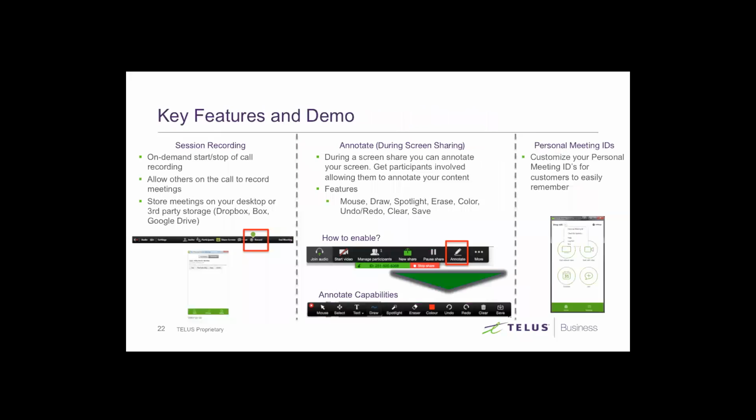So just a couple of the key features that we'll talk through, and we've mentioned this very briefly, related to sessions and call recording: the ability to start a session and stop a session, allow not only yourself but other users to actually do the call recording, and the ability to then store those either on your desktop or through third-party integration.